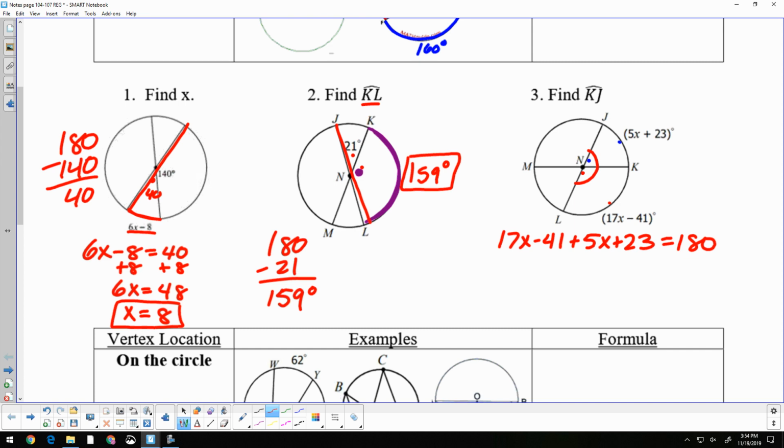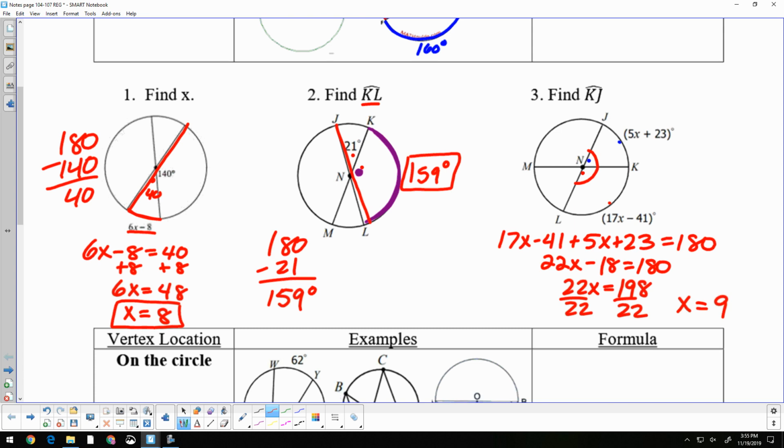Okay, so we simplify that by combining the terms. 22x minus 18. We're going to add 18 to the other side, so we get 22x equals 198. Divide each side by 22, so x is equal to 9.